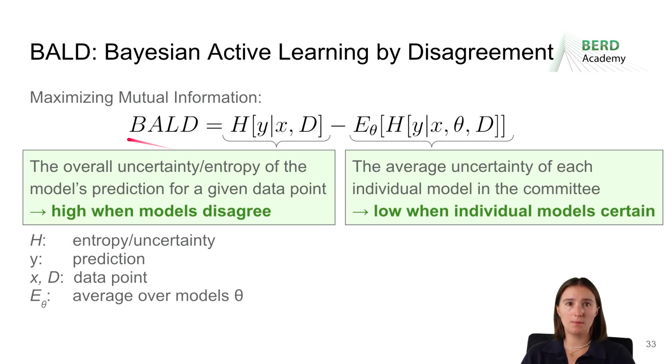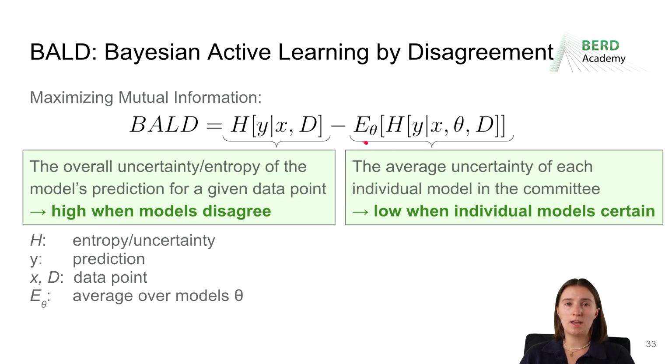So we want to maximize the score, so the first part needs to be large, and the second part needs to be small. And the second part describes the average uncertainty of each individual model in the committee. So the average is represented here by the expected value over theta. Theta is a parameter vector, so for example, it could be our weights in the neural network.